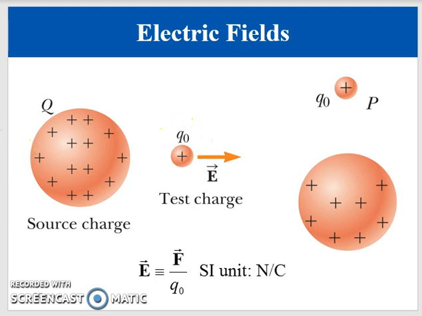The Q sub 0 is what we call a test charge, and a test charge is typically defined as a small amount of positive charge. A small particle that has a small amount of positive charge relative to the large object that we are trying to investigate the field of.